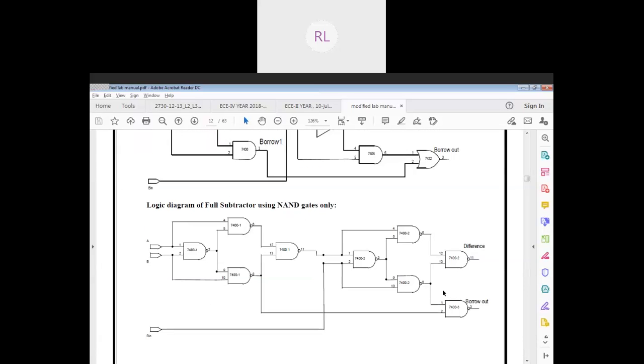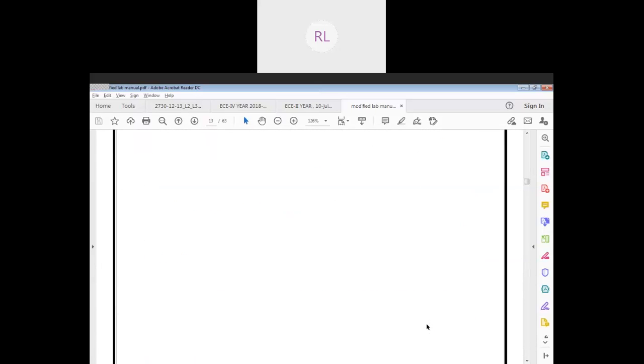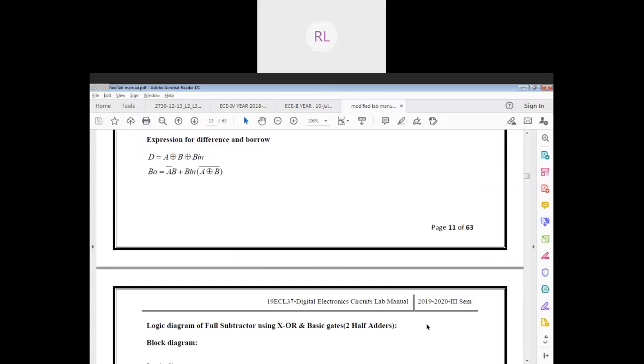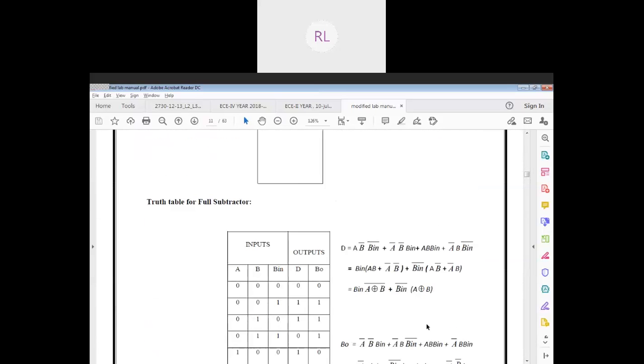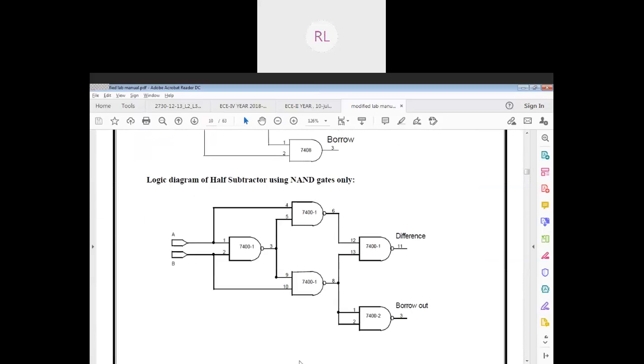That case is different when we look at 111. 1 minus 1 is 0, and now I have to subtract 1 from 0. It is not possible, so I have to borrow, and accordingly you get your difference and borrow.